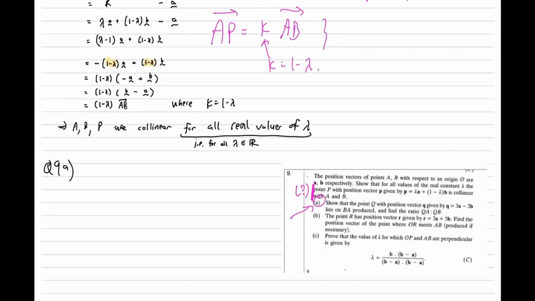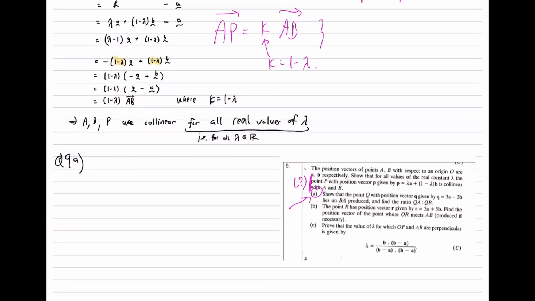Question 9 part A tells us that you have a point Q with position vector Q, which is really just OQ, given by 3a minus 2b. You want to show that it lies on BA produced. Then you want to find the ratio of QA is to AB.